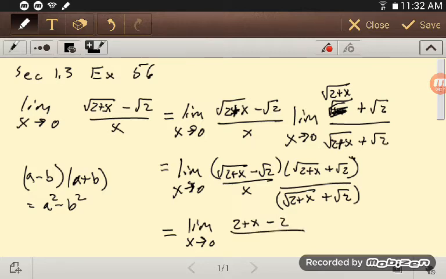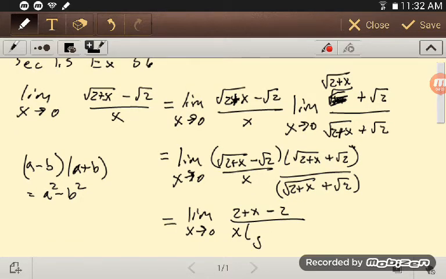And on the bottom, well, we get all this nasty stuff here, the square root of 2 plus x, and then plus the square root of 2 like that.